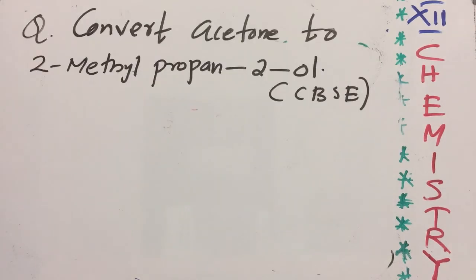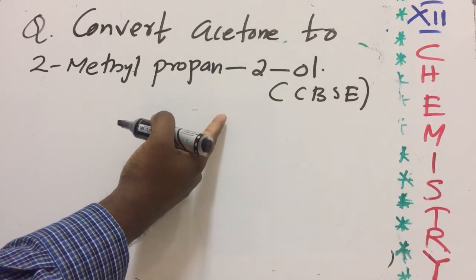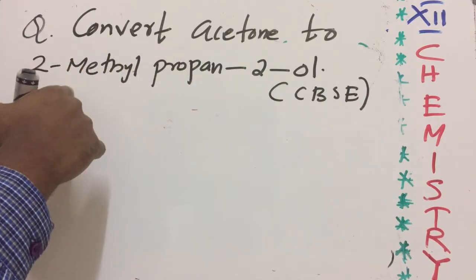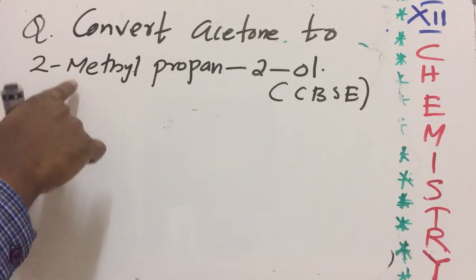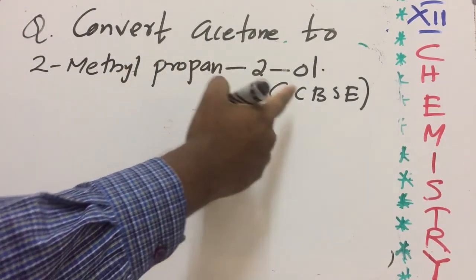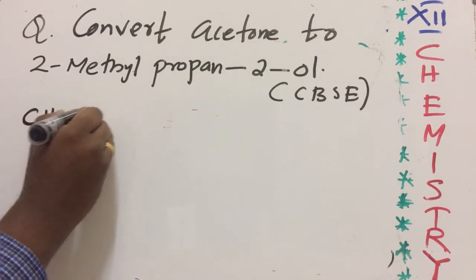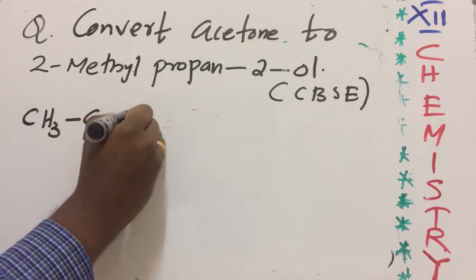Let's see one CBSE question related to the topic Grignard reagent. The question is how to convert acetone to 2-methyl propan-2-ol. What is acetone? CH3COCH3.